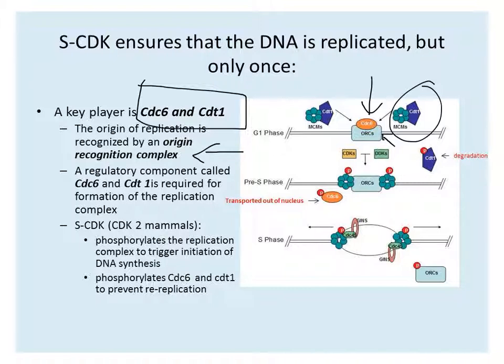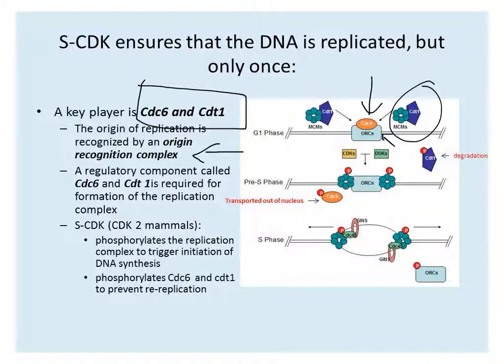Now, these complexes will bind in G1, and binding of these complexes is triggered by different stages through G1. However, S-CDKs will phosphorylate these proteins and essentially help initiate DNA replication.